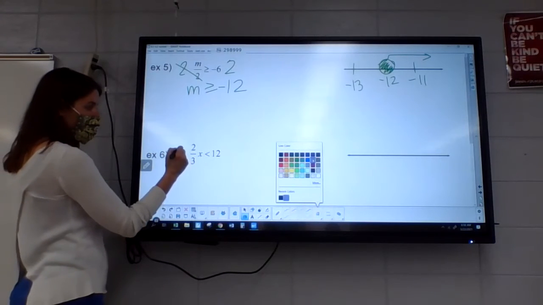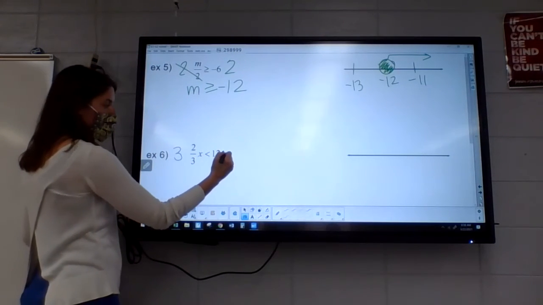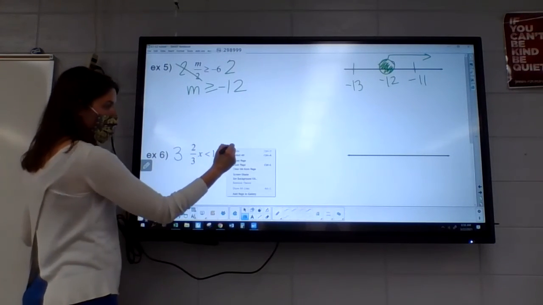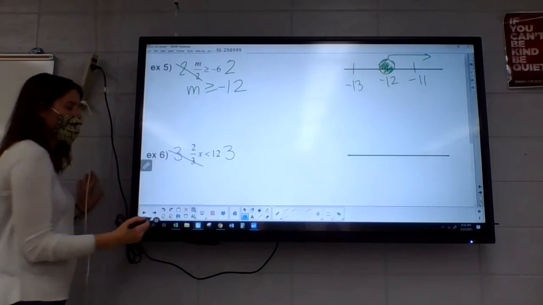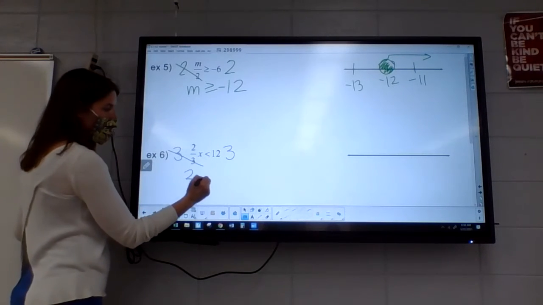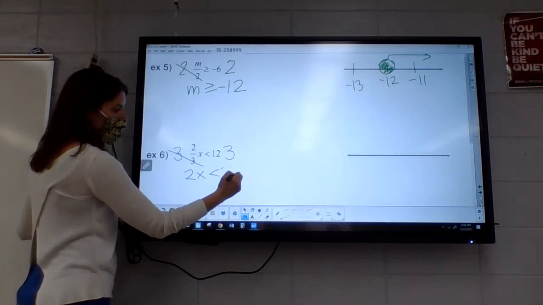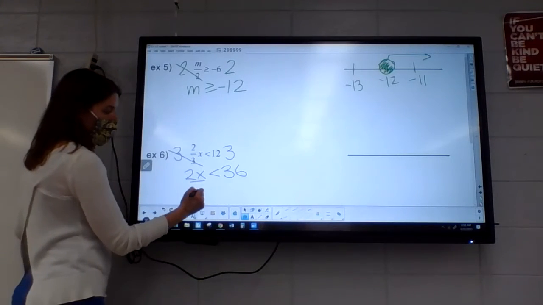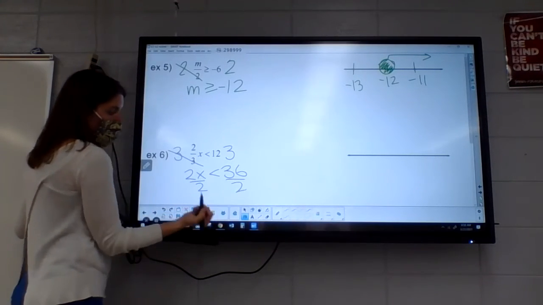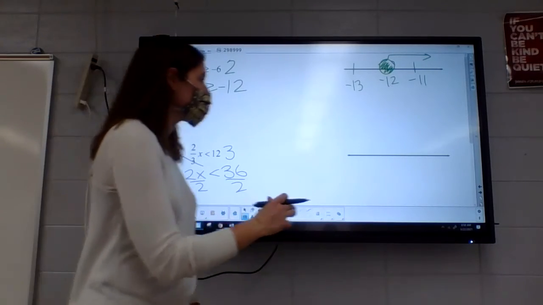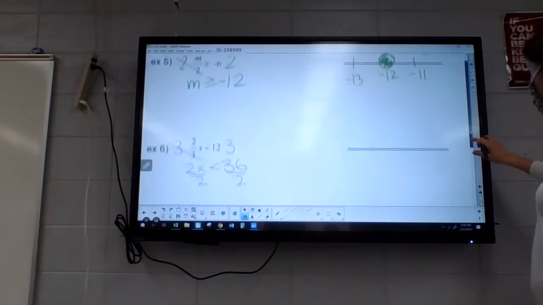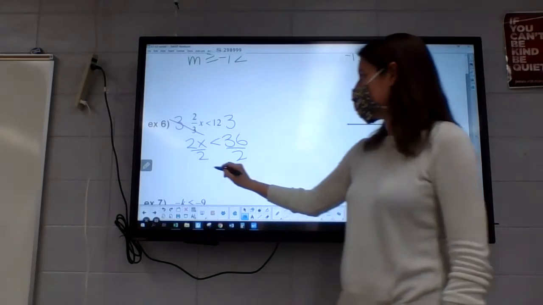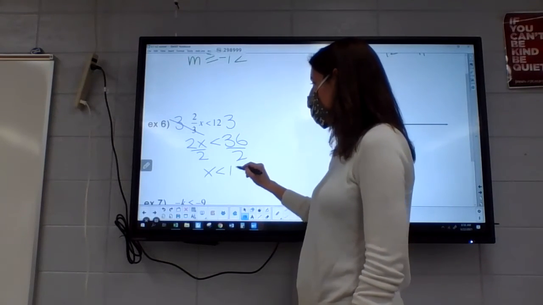I'm going to multiply by 3. So I get 2x is less than 36. And then I'm going to divide by 2. And there's no negatives here to worry about. So x is just going to be less than 18.